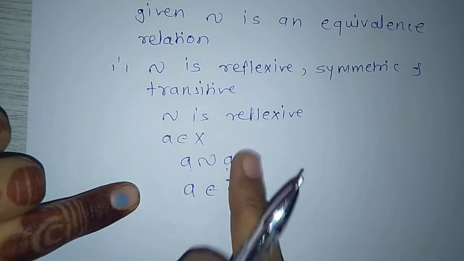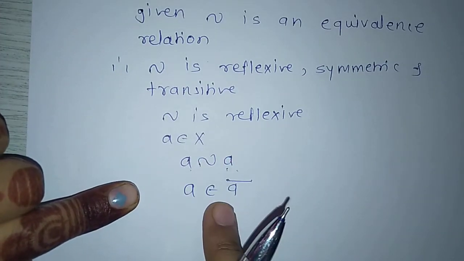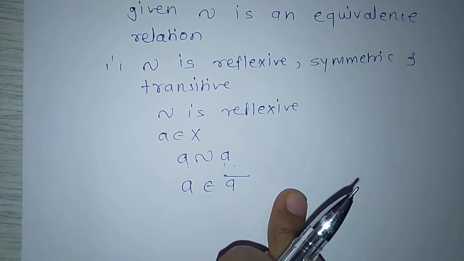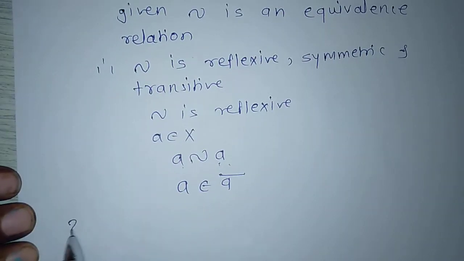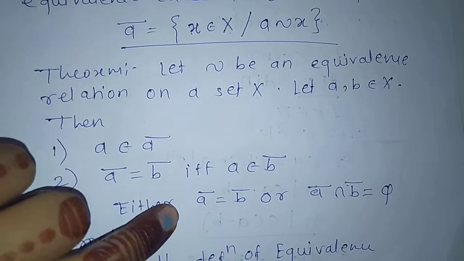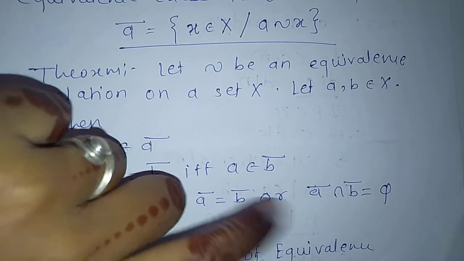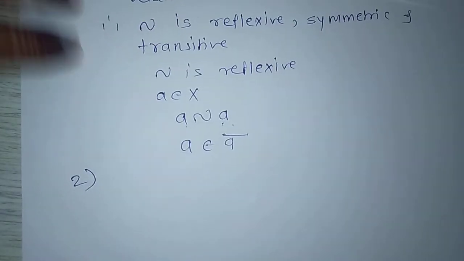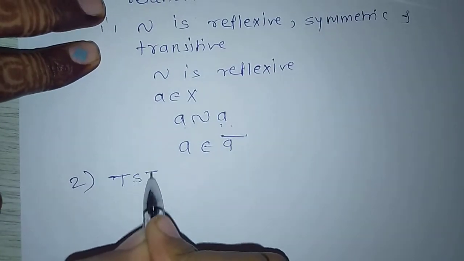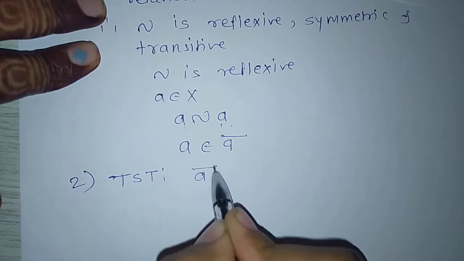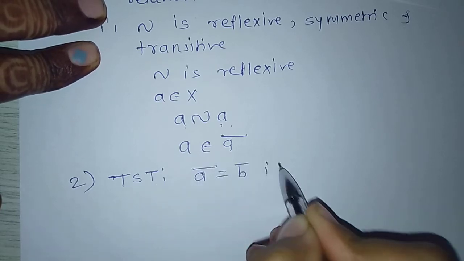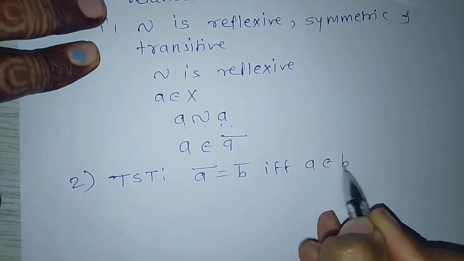That's why a related to a means a belongs to a bar. First is proved. Second, to show that a bar equals b bar if and only if a belongs to b bar.